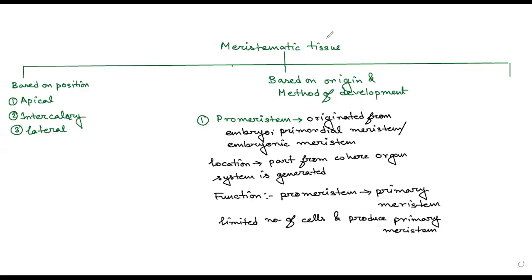So now we will talk about the second type of meristem based on origin and method of development, that is called primary meristem. Let us know more about primary meristem.